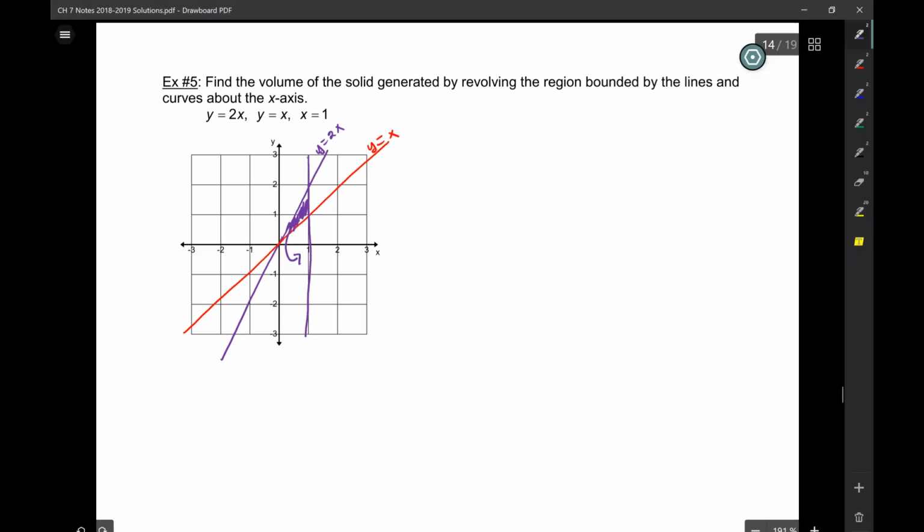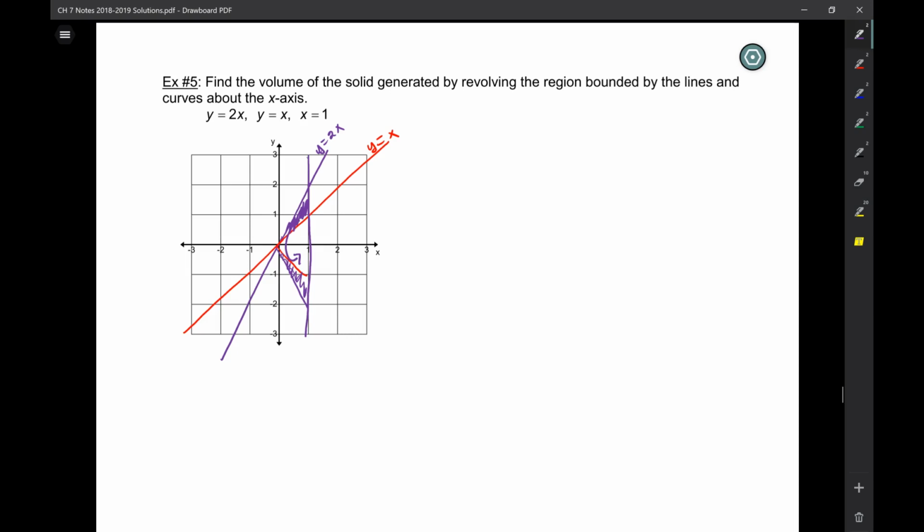And when you revolve that around the x-axis, let's just see what it looks like. So this is the red one that gets reflected. That's the purple one that gets reflected. So basically it's that region that you now revolve around. Do you see that? Now, you really don't have to do the fancy rotating and revolving.